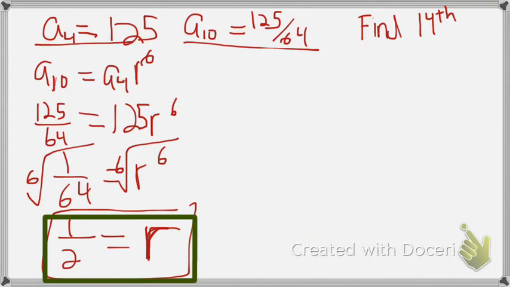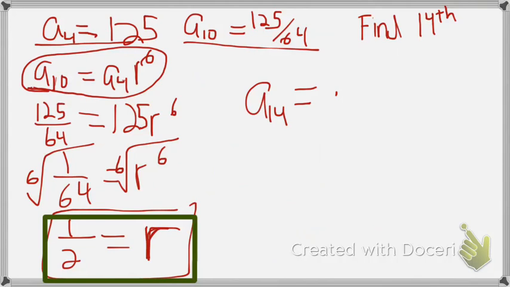Okay. So, you can obtain the 14th term by multiplying the 10th term by r to the 4th. As we see in this equation once again, let's pay attention to this. We've got a sub 14 equals a sub 10 times r to the 4th, because you always have to do the term you want to find minus the term you have.